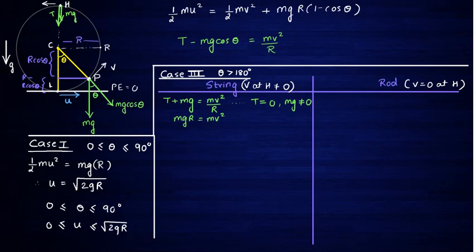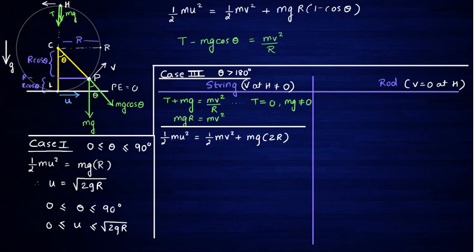Apart from this particular equation, we obviously have the second equation, which is basically the energy equation, which says at the bottommost point the energy is half mu square, then at the topmost point the energy is going to be equal to half mv square plus mg into 2r.